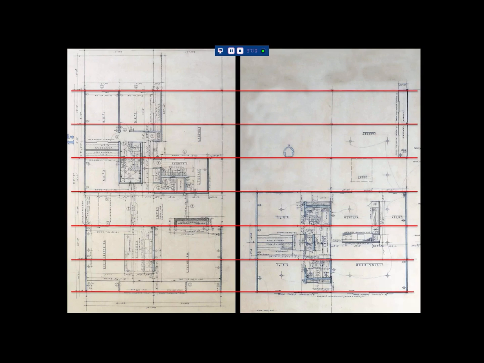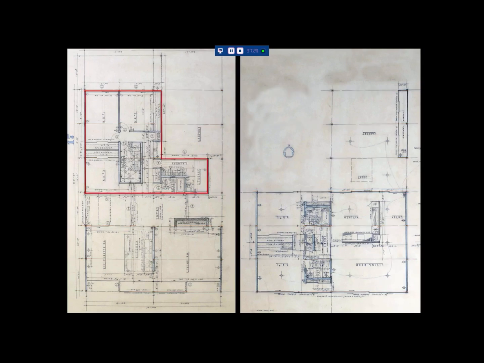So both these buildings are set out on the same columnar grid. And the difference between them, of course, is that the earlier version has this bit up here: storage, laundry, and 3 bedrooms and a bathroom. And the later one doesn't have any of that.